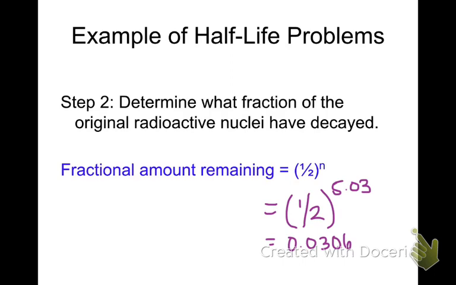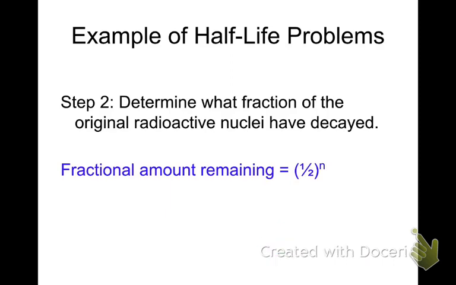If you wanted to think percent-wise, you just multiply that by 100, so you'd move the decimal, and it'd be 3.06%. But we don't really need to do that because we're going to use this number to multiply in our next step, so we can just leave it in decimal form. So out of 1, 0.0306 is the fractional amount that is remaining after 5.03 half-lives.